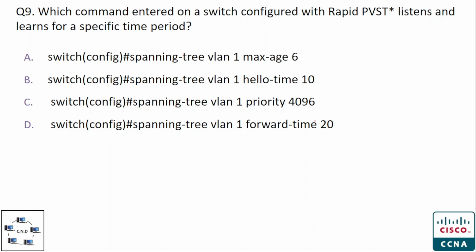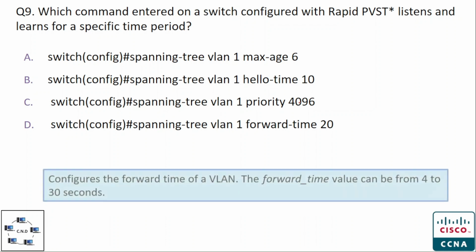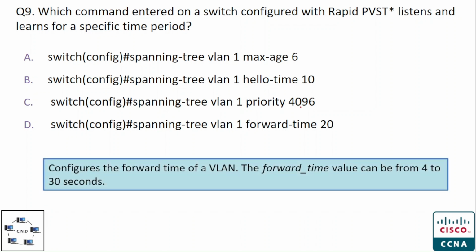And the correct option is actually option D, spanning-tree vlan 1 forward-time 20. It configures the forward time of a VLAN. The forward time value can be from 4 to 30 seconds. So this value is basically in seconds.